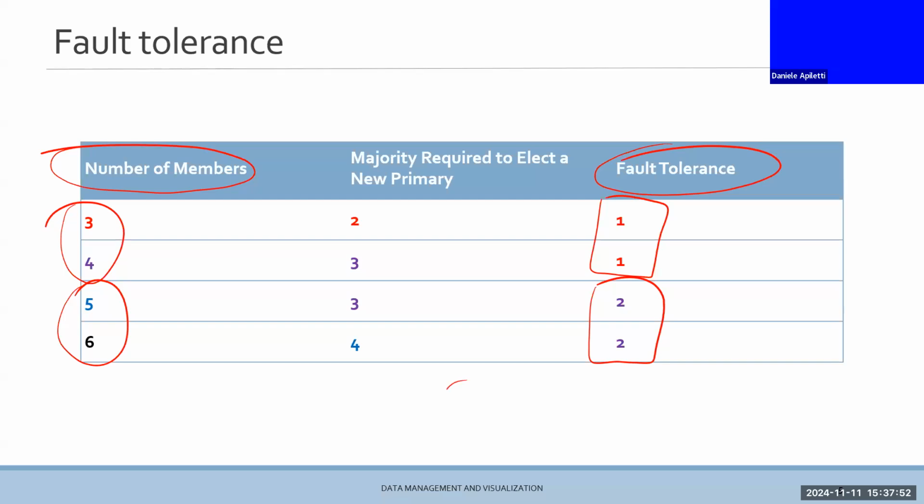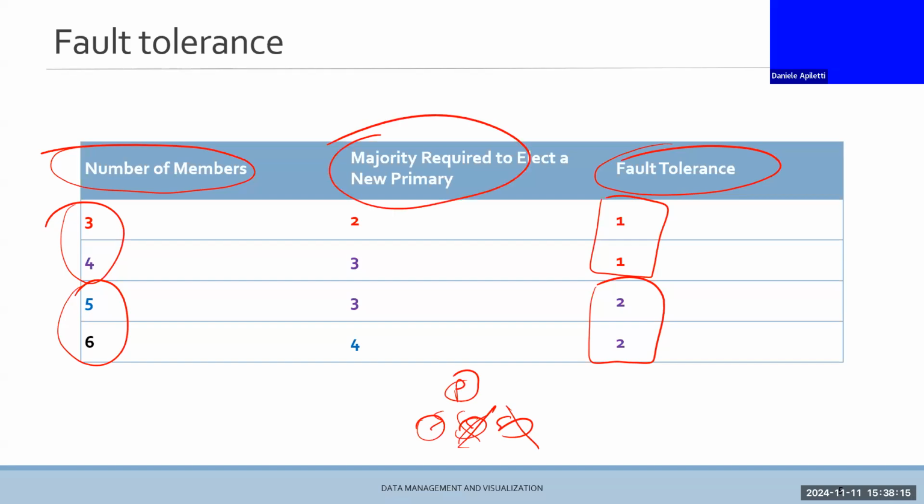You build the primary, you build the secondaries, and then you try to kill them. You say, if I kill 2, the majority required is 3, I cannot survive. That's the problem, because to elect the new primary, you need at least half plus 1 to be available. So that's the majority required.